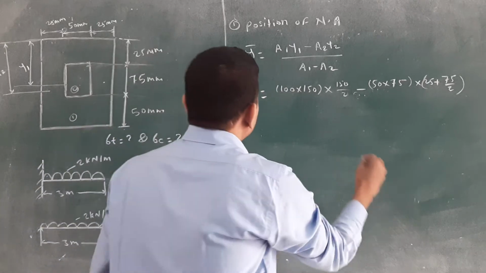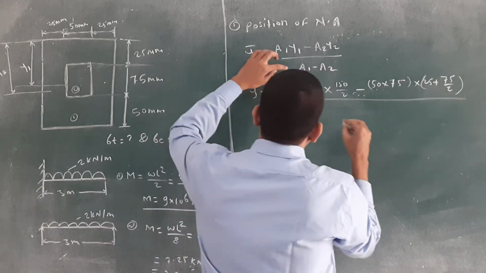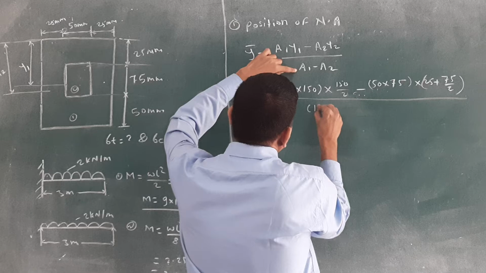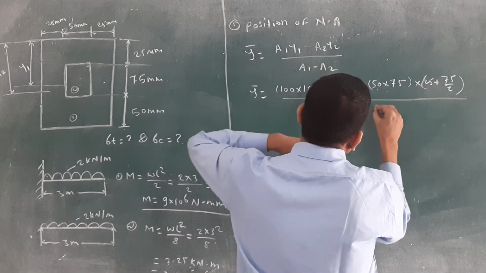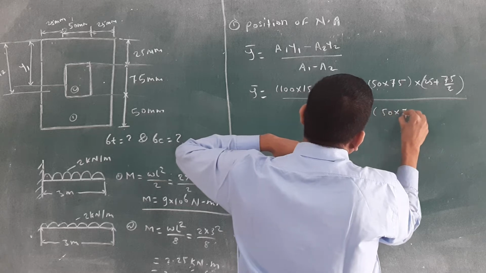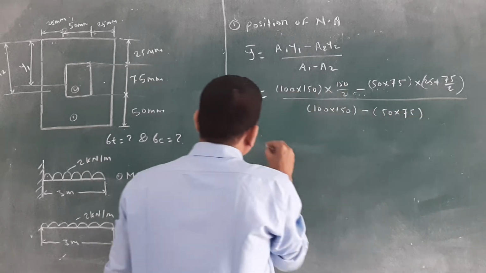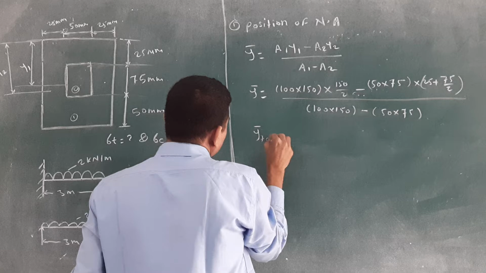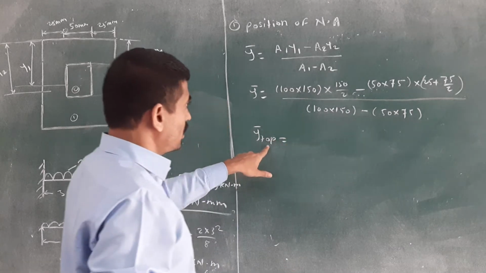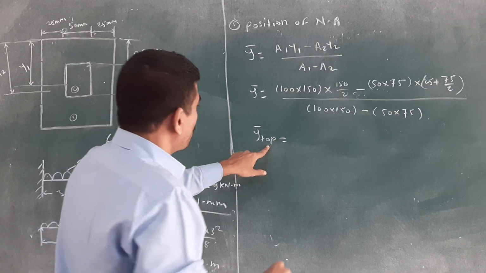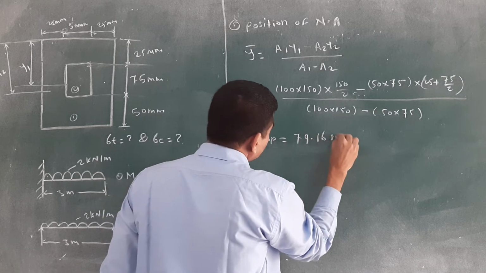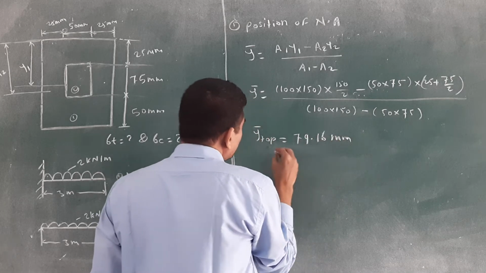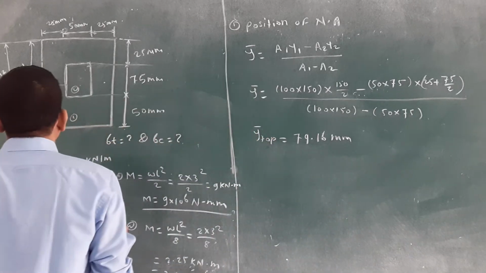Then next, area 1 minus area 2. Area 1 is again 100 into 150, minus area 2, which is 50 into 75. Then what is the y bar top? I will write here at the bottom, y bar top. If you solve it, you will get 79.60 mm.